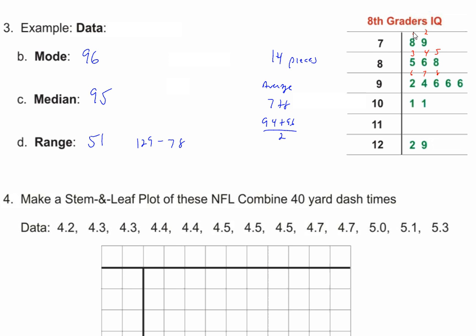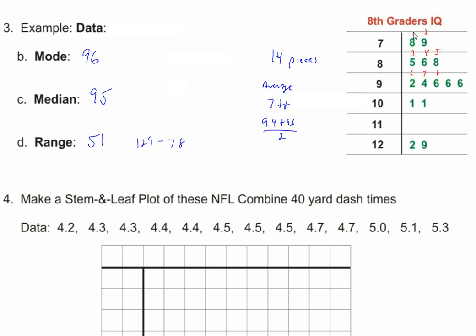You don't want to have a stem that's a 7, an 8, a 9, a 10, and skip right to a 12. You want to include that interval so the person looking at your stem and leaf understands there are no intervals in the 11s, the 110s. So even though there are no data there, we want to include that stem because remember, we're given a visual of the intervals of the data. Okay?